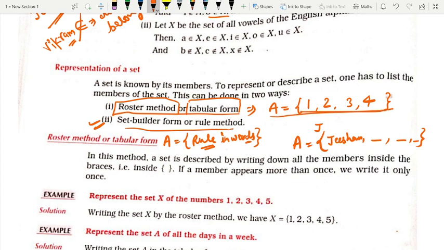So we can write A is equal to first 4 natural numbers. So we have written a definition and we have defined the objects. So this method is called set builder form or rule method.